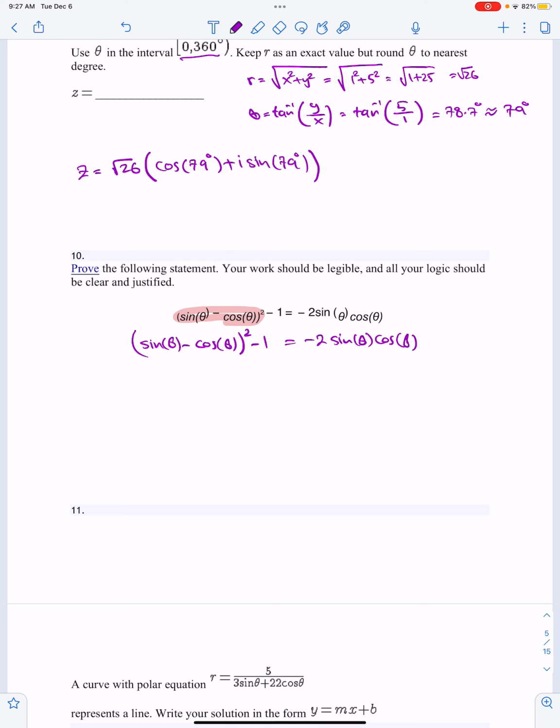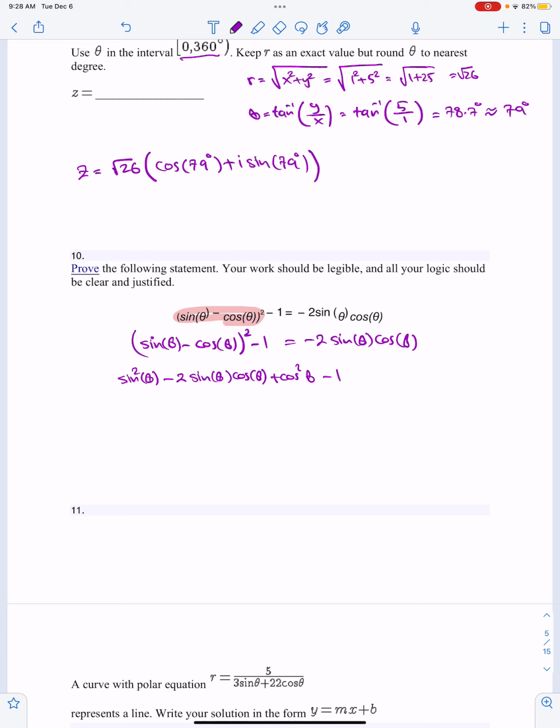So I'm going to FOIL this, which means first term times itself is sine squared. First term times second term times 2, that is -2 sine theta cosine theta. And then second term squared, which is positive cosine squared theta, and then -1.